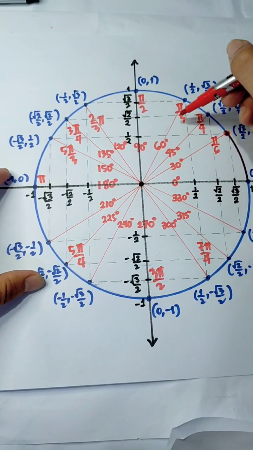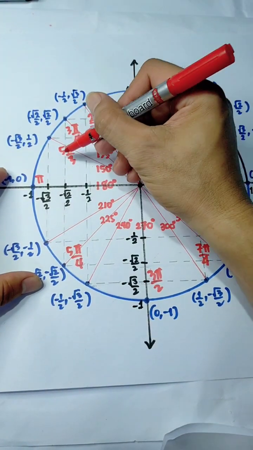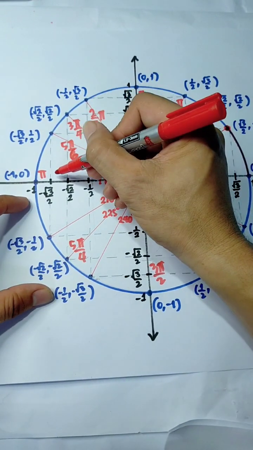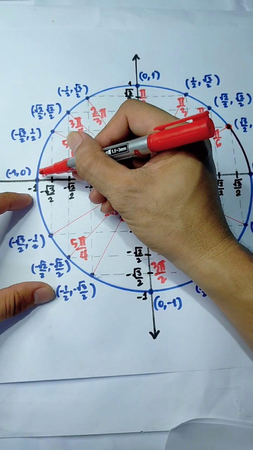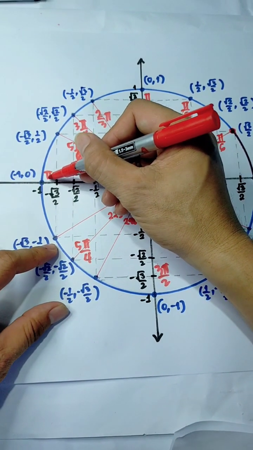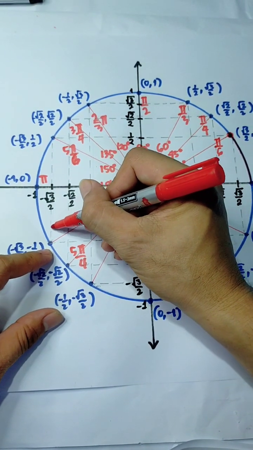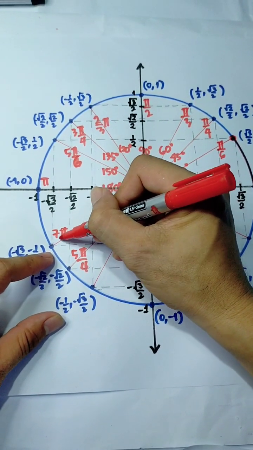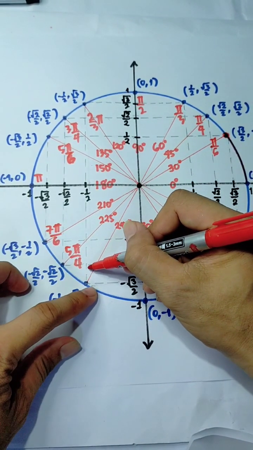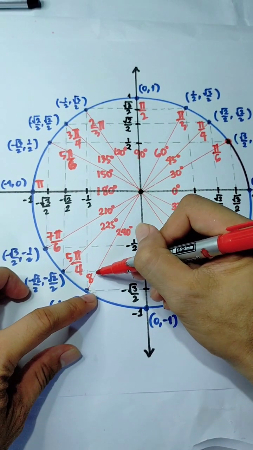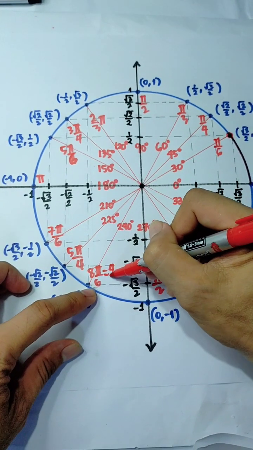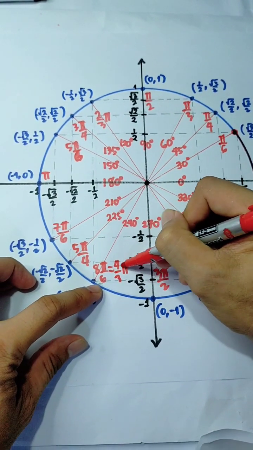This is 1, 2, 3, 4, 5, that is 5 pi over 6. And this one, you got 6 of pi over 6, that is equal to pi. This is 7 pi over 6. We go down here, this is 8 of pi over 6, that is 4/3 pi.